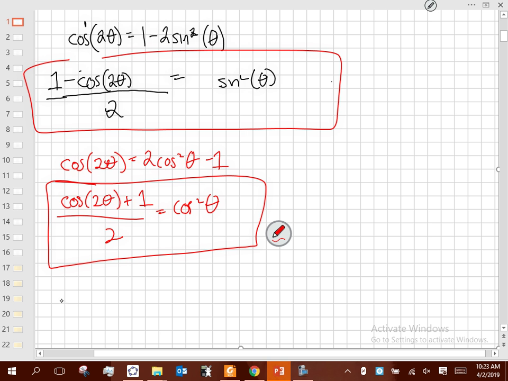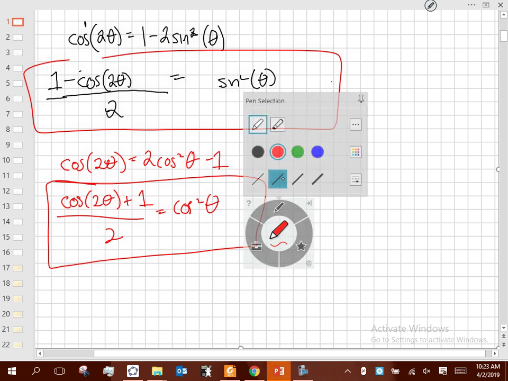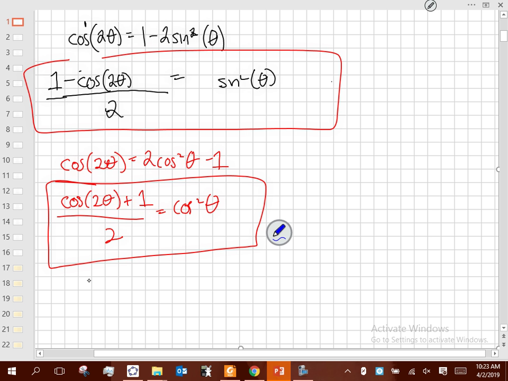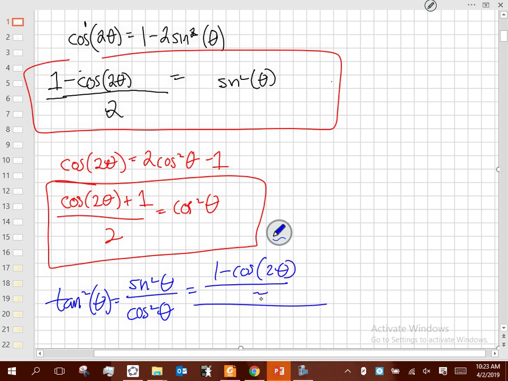I don't know how many you see in your homework, but what's the trig ratio that we haven't talked about yet? Tangent squared, right? Tangent squared would be sine squared over cosine squared, right? Well, sine squared is 1 minus cosine of 2 theta over 2, divided by cosine squared, which is 1 plus cosine 2 theta over 2.